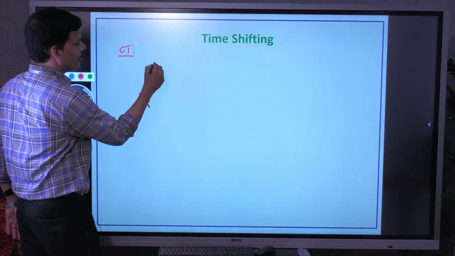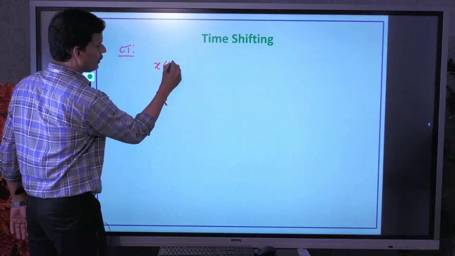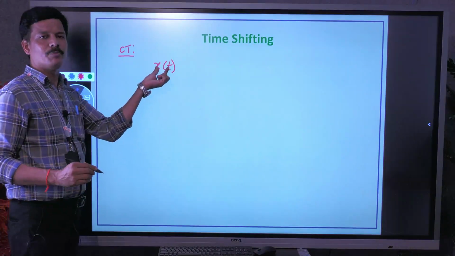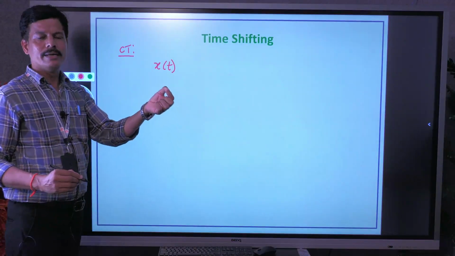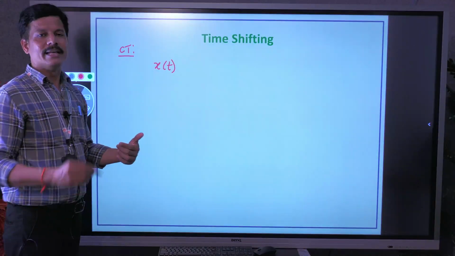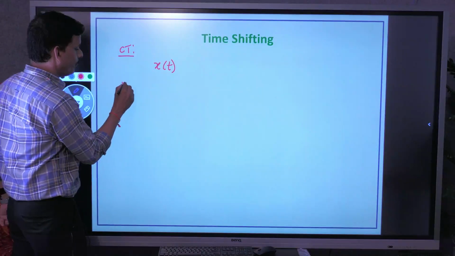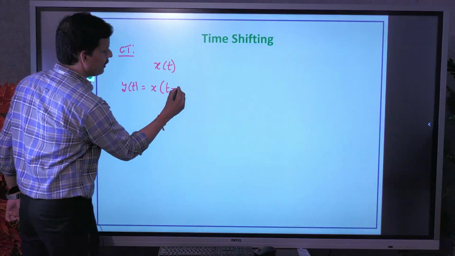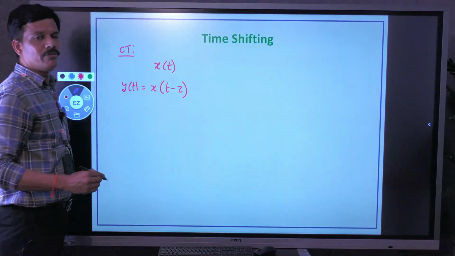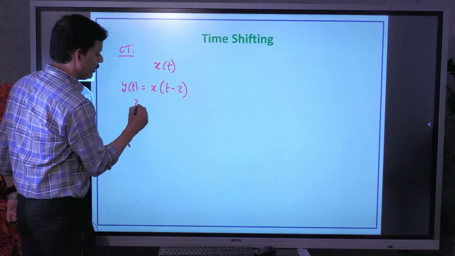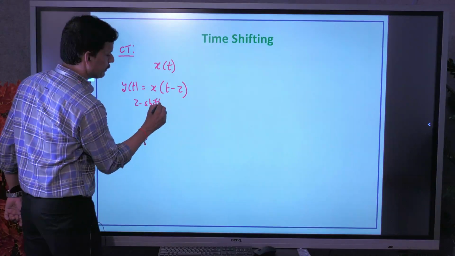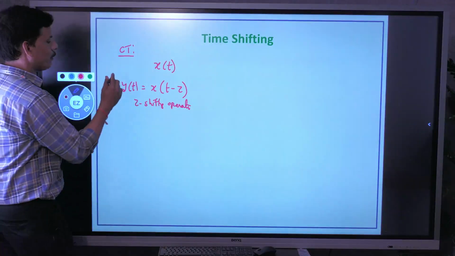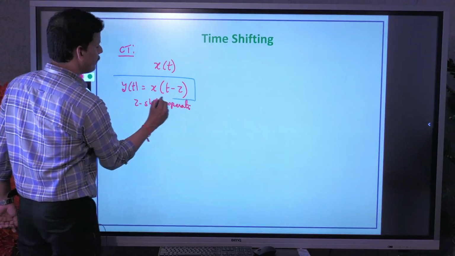If you take a continuous time signal x of t, and the signal x of t is shifted by an amount of tau in the time domain on either side, then the time shifted signal, denoted as y of t, equals x of t minus tau, where tau is the shifting operator.